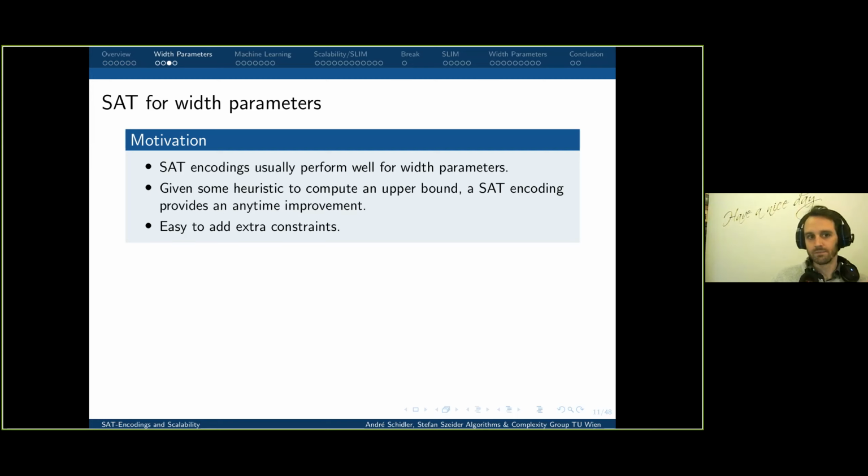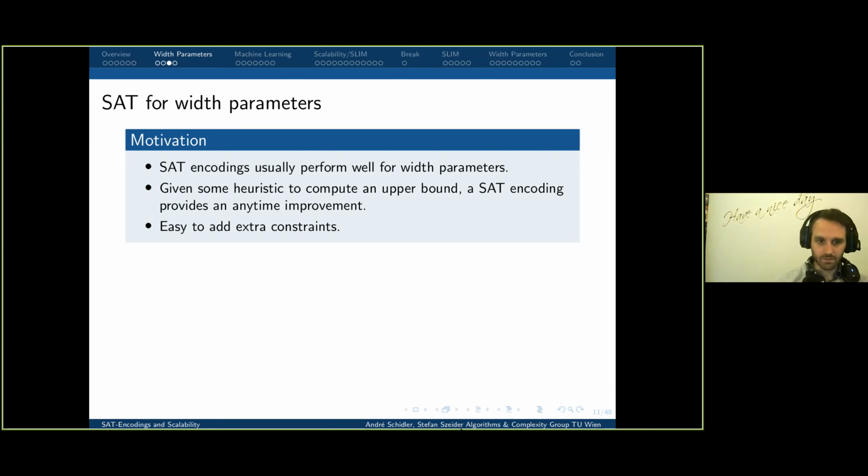Usually, if you have SAT calls, they don't take equal length. The closer you get to the optimal value, the longer the SAT calls take by a large amount. So you can get good improvements for heuristic solutions even by running your SAT encoding as an anytime algorithm.